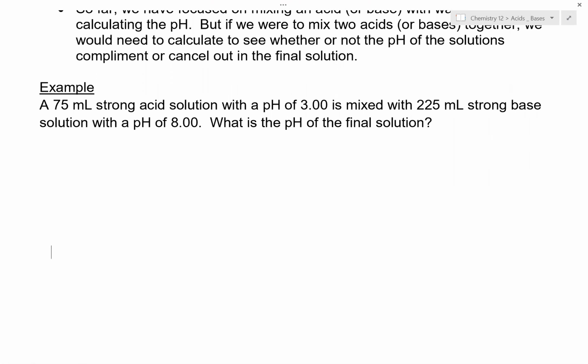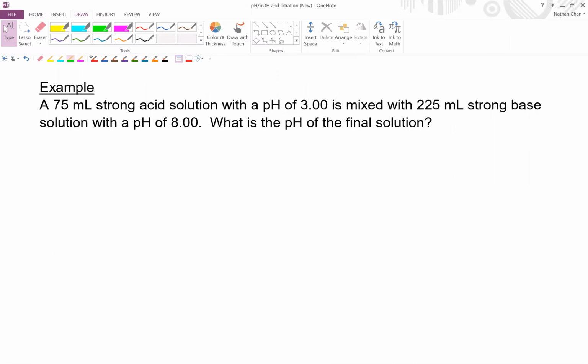Let's say, for example, a 75 mL strong acid solution with pH of 3.0 is mixed with 225 mL strong base solution of pH of 8. What is the pH of the final solution?